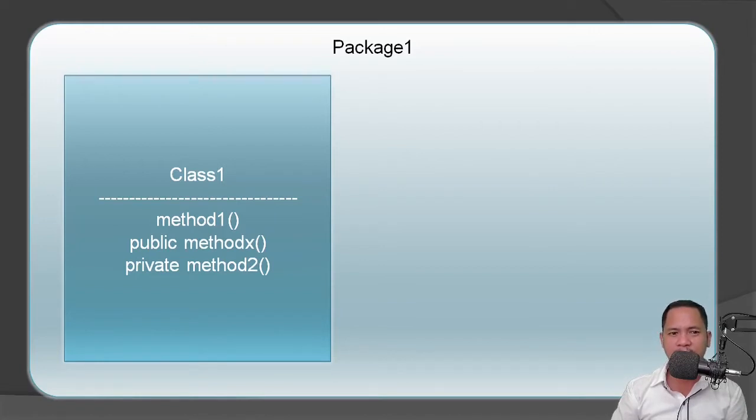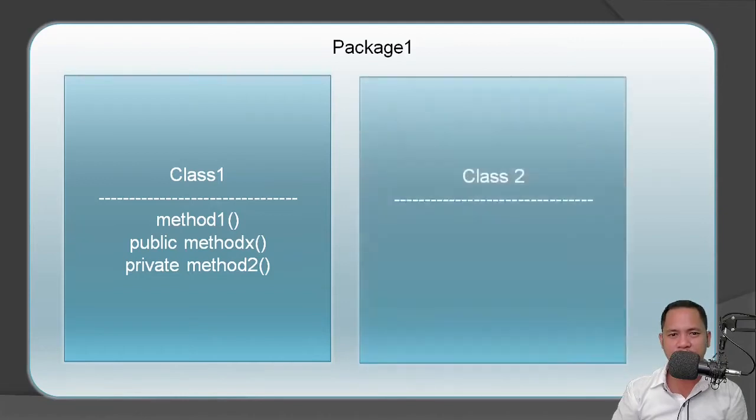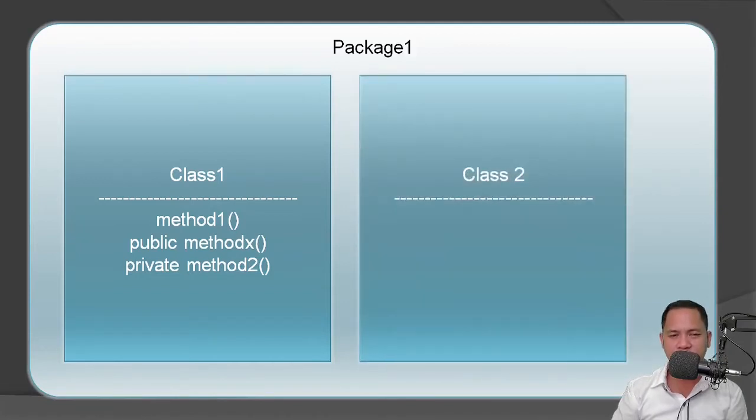Method 1 will have the default access modifier, and therefore it is accessible by any other classes in the same package. So if you have class 2, which is part of that same package 1, then class 2 can access method 1 in class 1.